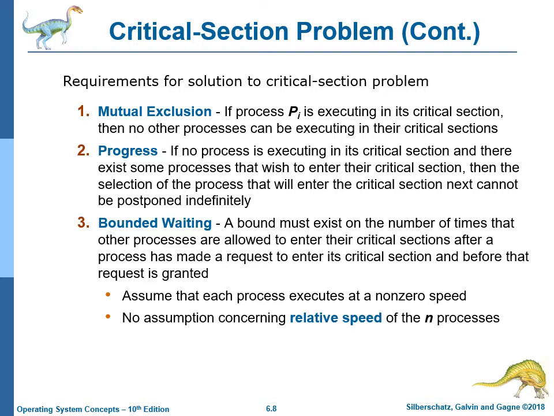So the bounded waiting ni must exist, bound ataupun limit. The bound tu macam limit lah. Kita akan limit berapa banyak number of times the process can be allowed to enter the critical section after a process has.